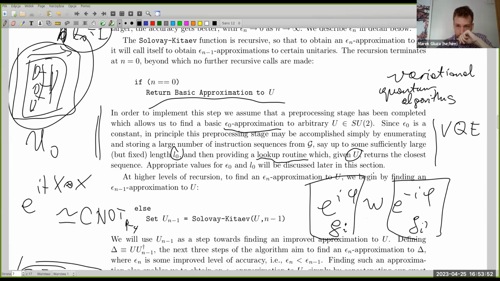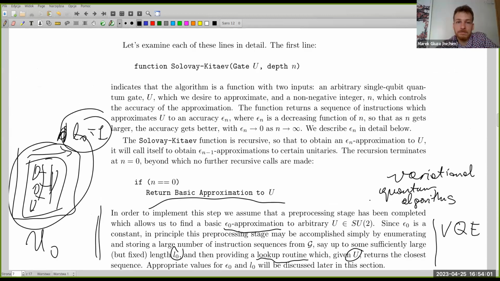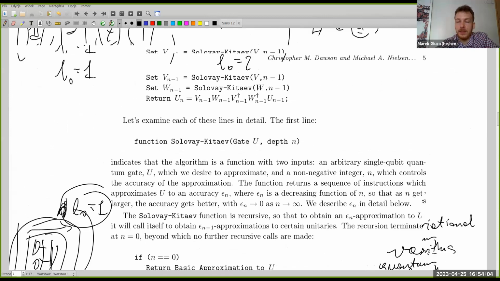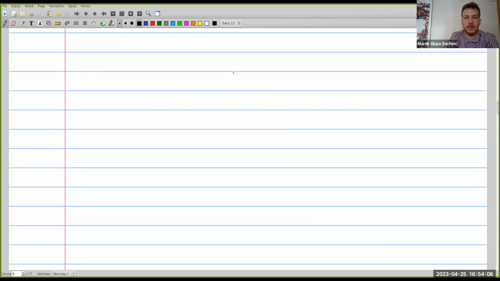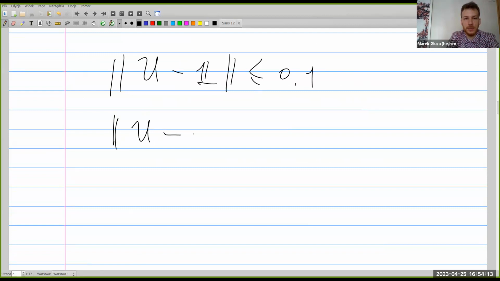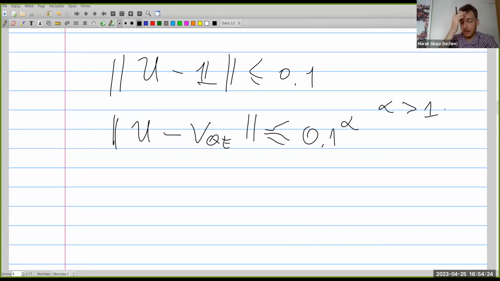So you're saying that if you choose the wrong initial gate, then the gate depths would be larger. Yeah, so maybe the optimization pathway, if you start from identity, let's say U minus identity is already smaller than 0.1, but maybe you can find a smart VQE sequence that will give you a starting point which is 0.1 to some power alpha with some alpha larger than 1.